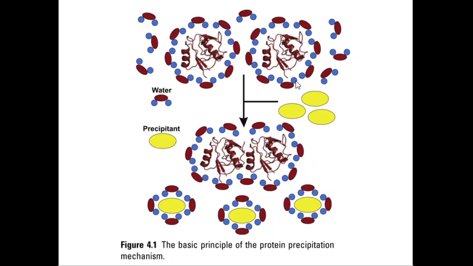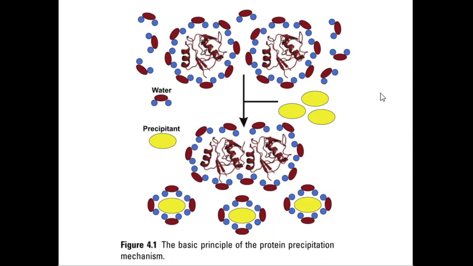What is happening here is that ions from the salt associate with the surface of the protein. When they associate with the surface of the protein, this shields those areas from the water molecules, so water molecules cannot have access.